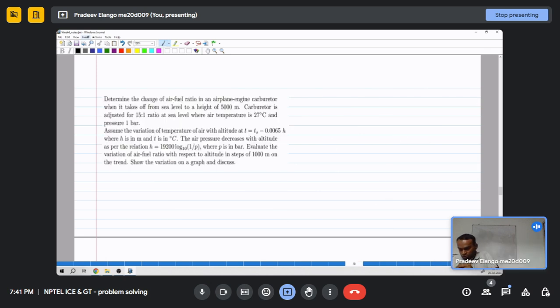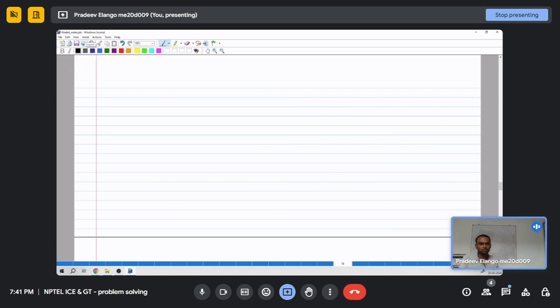Now we know the delta pressure across the orifice for the fuel. We need to find the velocity of the fuel. How do we calculate? So Vf is equal to root of 2 delta Pf by rho.